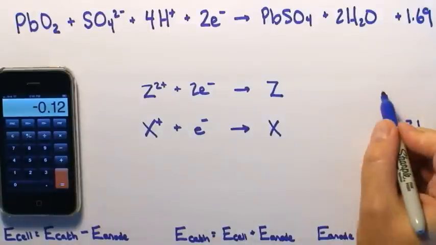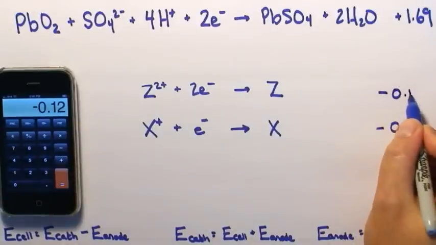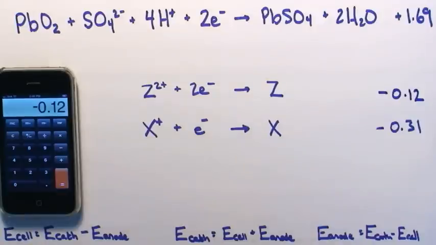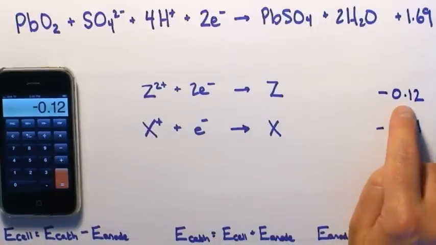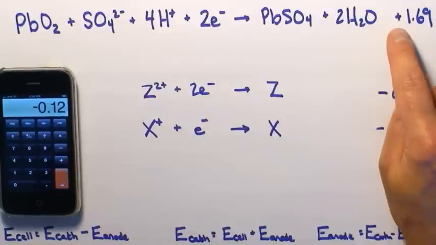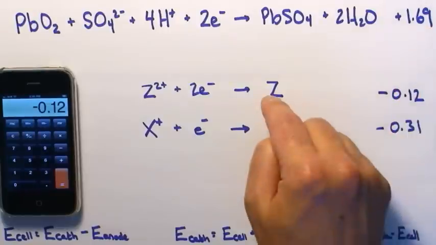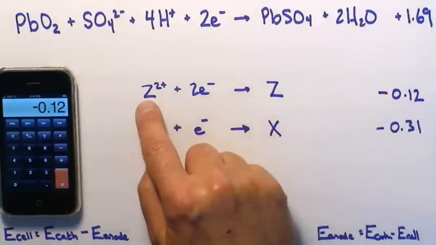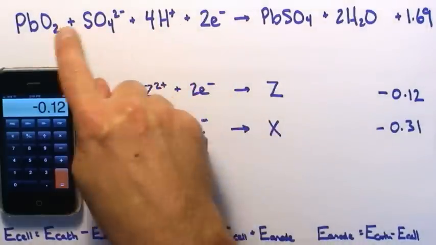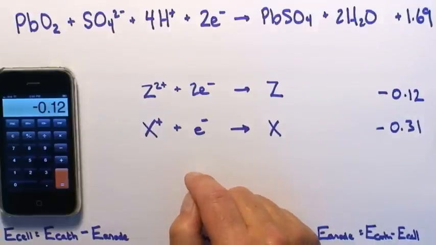And so that comes to negative 0.12. Okay, so a good call by me, the negative 0.12 is certainly less than positive 1.69. So therefore, the Z reduction half reaction definitely goes below the big one at the top here.